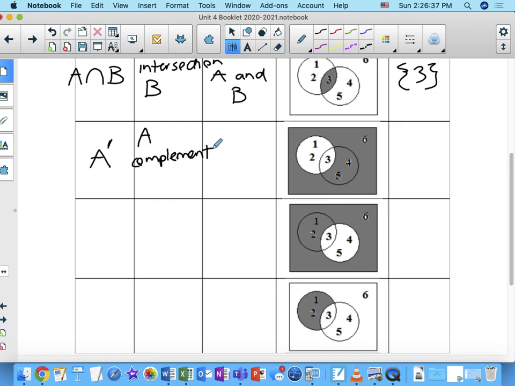Okay, what does it mean? Not A. Okay, so in this case, what elements are we talking about? We're talking about 4, 5, and 6. Okay, and then the one below it is exactly the same thing, but now we're talking about B complement instead.